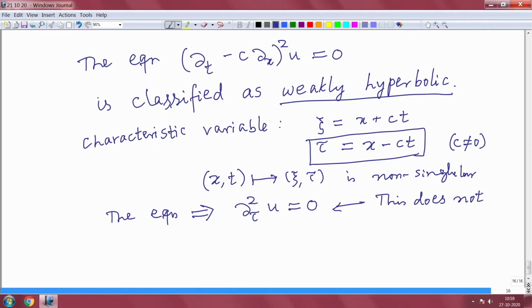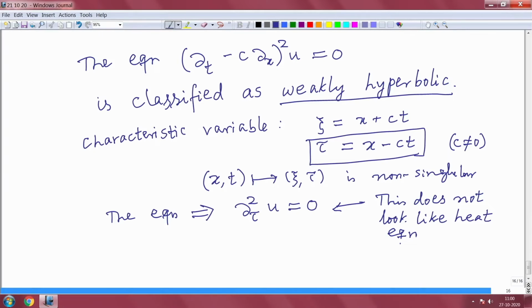This is more like an ODE because it is only del tau square. There is no del xi there. So, it is far from the heat equation, which is a typical example of a parabolic equation. This is one reason why this equation should not be called parabolic.